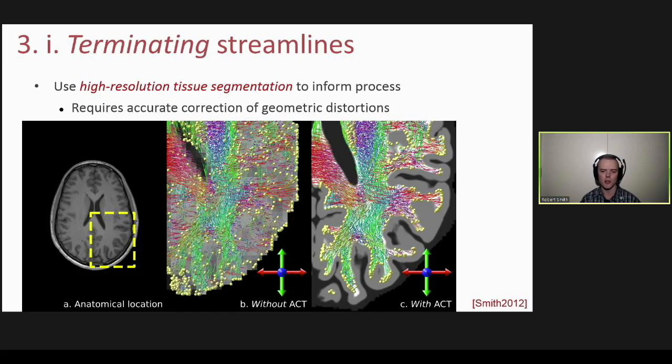And you can see that if you use only the diffusion image data, the streamlines kind of start and stop all over the place. It's all very messy. Ideally, you want to engage some method that will more carefully constrain where the streamlines are forced to stop, and also where they don't stop. You don't want streamlines going into your lateral ventricles, for instance. And obviously, if you're using a high resolution image in conjunction with your diffusion image data, the correction of susceptibility distortions in your diffusion data is paramount.